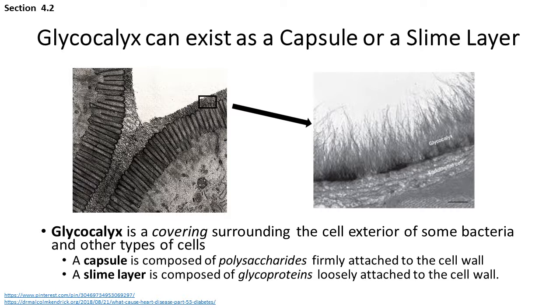When we say firmly attached, I would assume that this means that it's covalently bound to the cell wall. The slime layer is composed of glycoproteins. So glyco, remember, carbohydrate, and protein. So this is a carbohydrate protein complex that's loosely attached to the cell wall, possibly through ionic and hydrogen bond interactions.